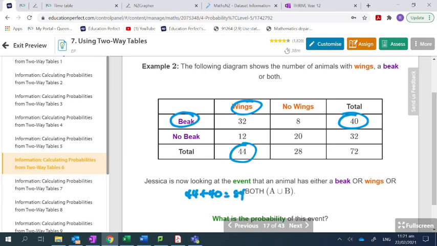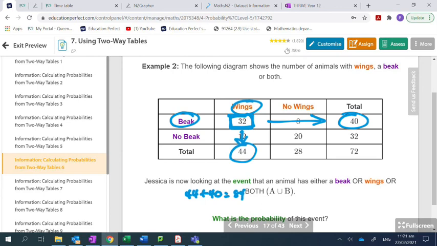Yes? Because that also includes no beaks and no wings. We're going to include some of those because we have an or situation here. But the ones that have both beak and wings are being counted twice, because we have that number in this total, and we have that number in that total.